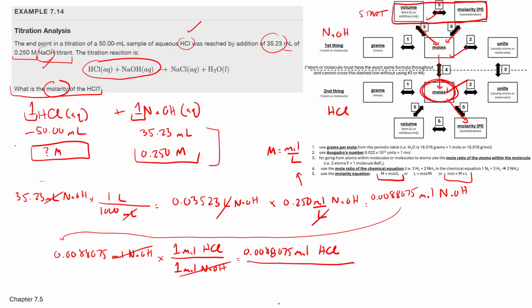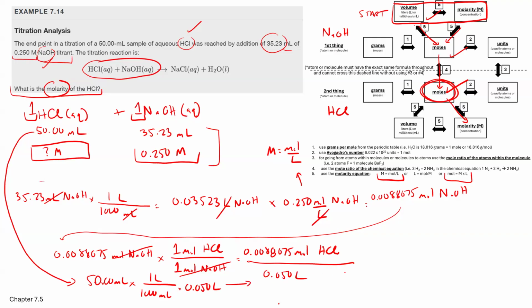Now let's convert this. We're going to go from 50.00 mils times 1 liter on top, 1,000 on the bottom. That's going to be now 0.050 liters of HCl.